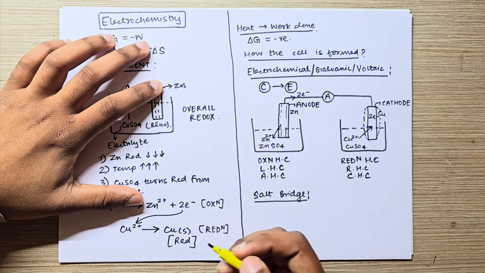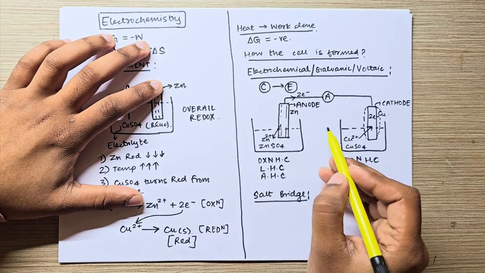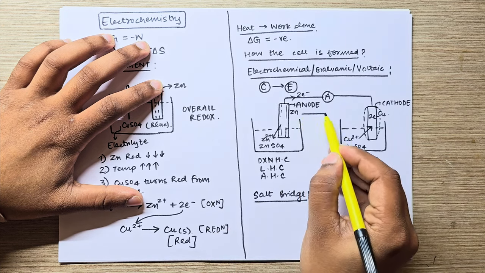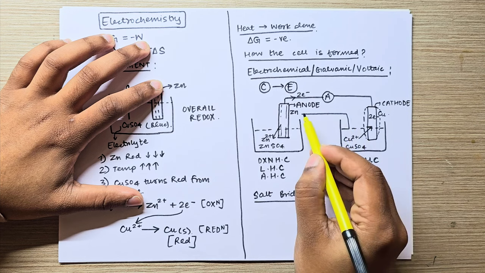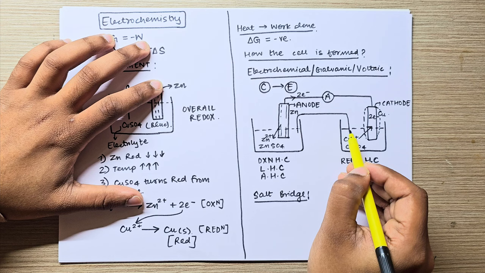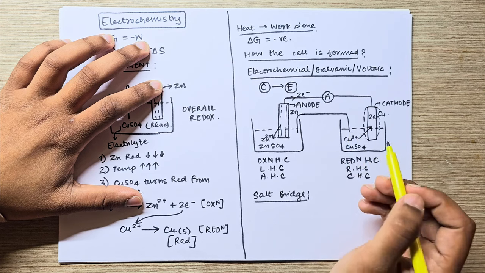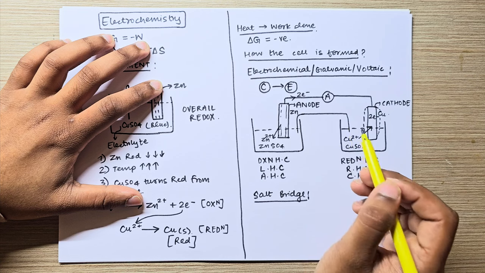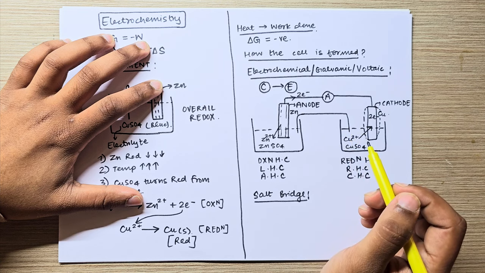We will discuss the salt bridge in the next lecture, but before that I will tell you that a salt bridge is a U-tube containing an inert electrolyte in order to complete this circuit and to neutralize the junction potential.